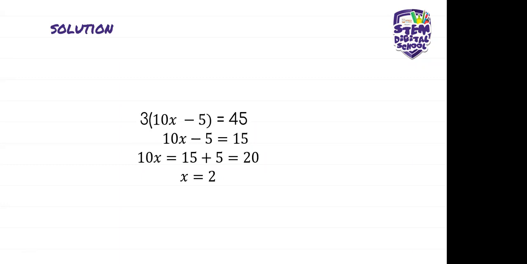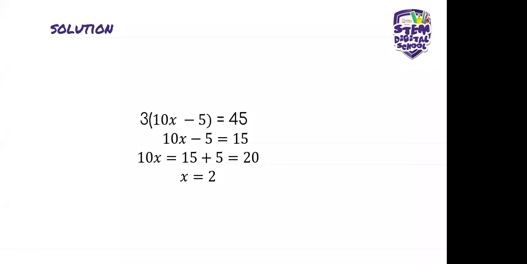If you multiply 15 by 3, you get 45. But now you have 10x minus 5. So obviously, the value of x should be 2, because 2 times 10 is 20, and 20 minus 5 is 15. So the value of x, just by inspection, should be 2.